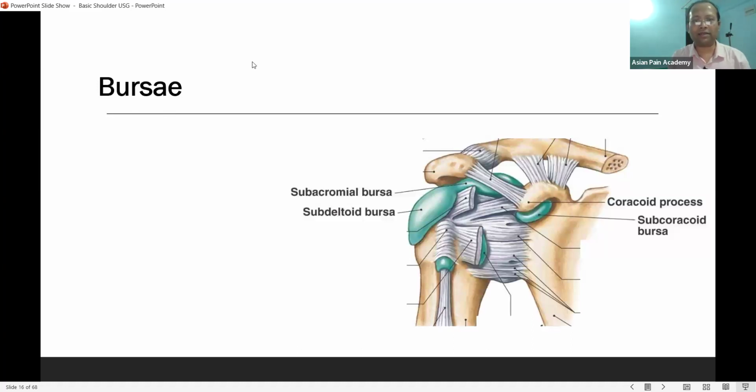So let us see the bursa. Here there are multiple bursas. As I told you, whenever there is a tendon, there is a chance of rubbing with the bone, so in between those two there is a bursa. Here it is the subacromial subdeltoid bursa.